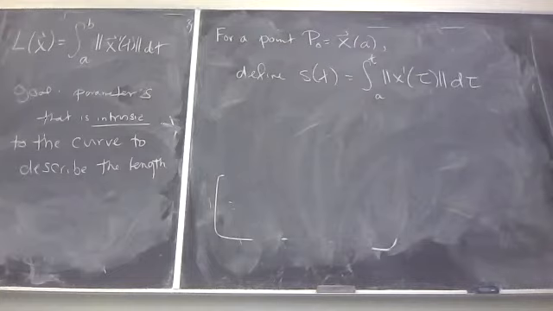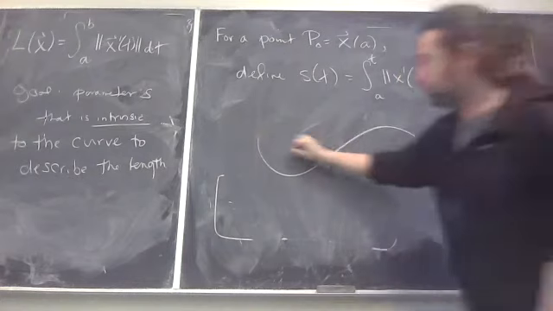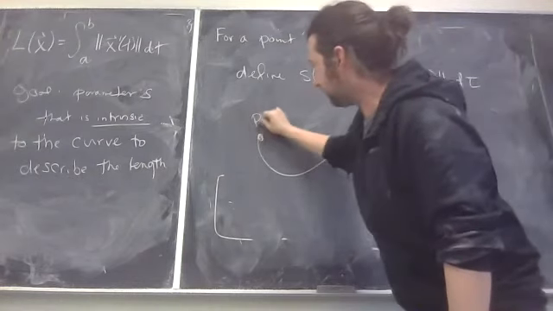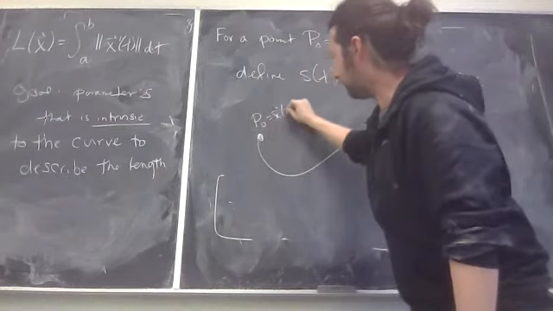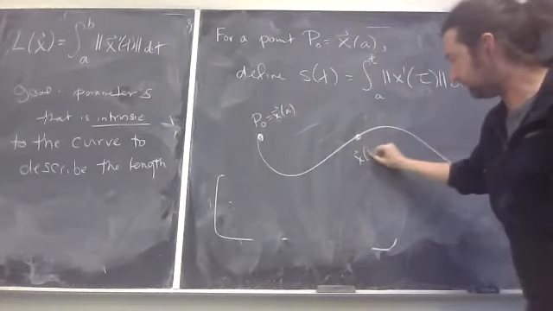See if we can figure out what that does. You've got some path, and you have a point P naught, which is x of a. And somewhere along here, you've got some point x of t.